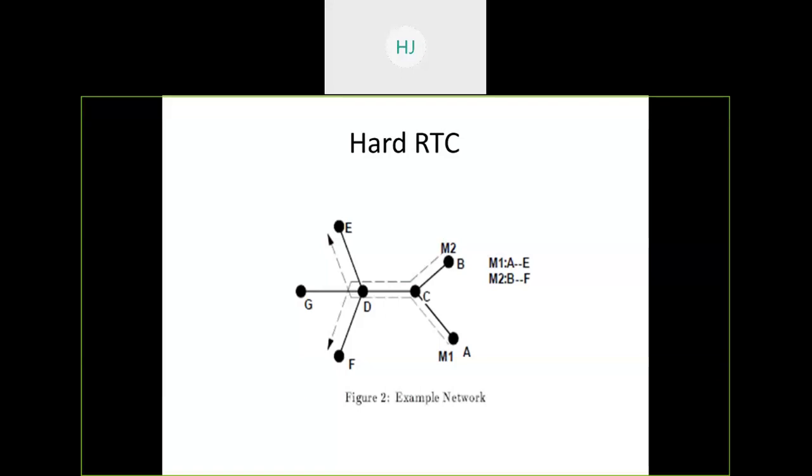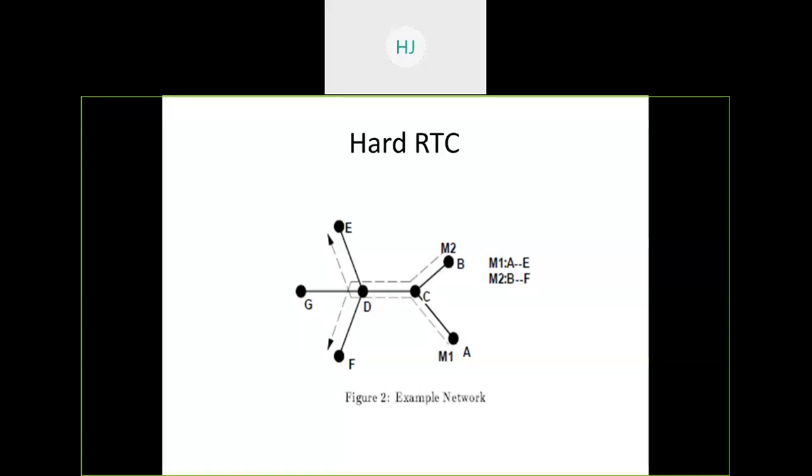The set of links that the packets of a connection travel through in going from its source to its destination is called the path of that packet, and the number of hops is the number of links in that path.